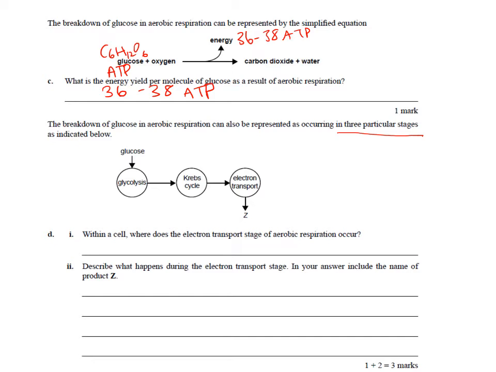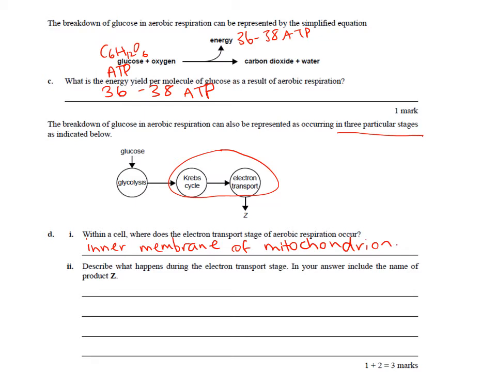Now you need to be specific because both of these occur in the mitochondria. So let's be specific here. This occurs in the inner membrane of the mitochondria. Now notice it asked where in a cell. It didn't say where in the mitochondria, so you need to name both. Inner membrane of the mitochondrion.